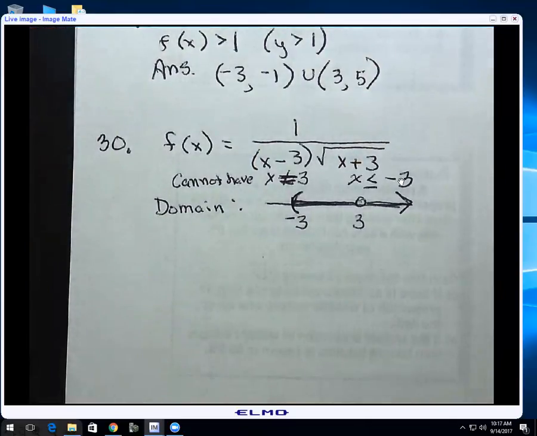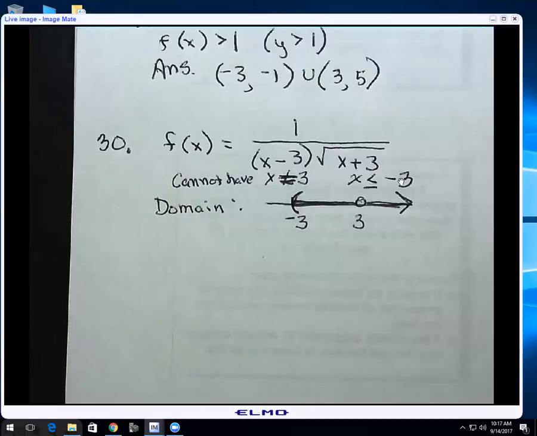If you're unsure, just check. Check something less than -3. Could you use -4? No. Could you use 0? Yeah. You could get a negative answer, but that's not a problem. It doesn't blow up the radical.